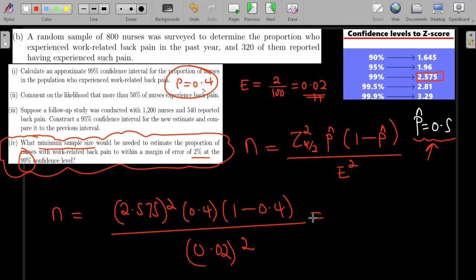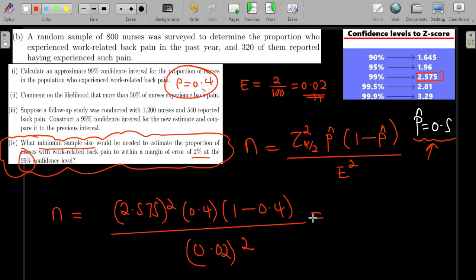So let's multiply this. I have 2.575 squared multiplied by 0.4 multiplied by 0.6, that is 1 minus 0.4, and then I'm going to divide that by 0.02 squared.